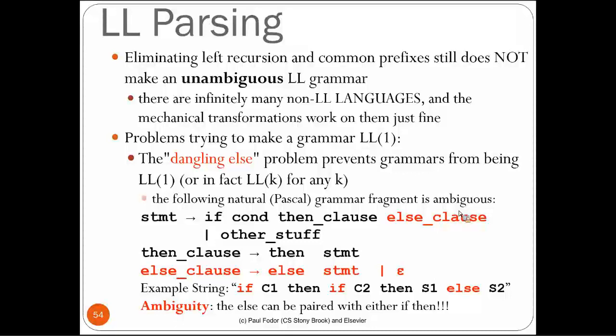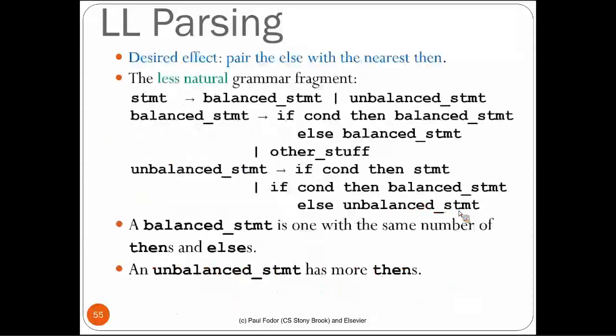So the question is, how can we actually write an unambiguous LL grammar for if statements, and is it common to do so? The desired effect that we are used to from programming languages is that we would like to pair the else with the nearest if-then.